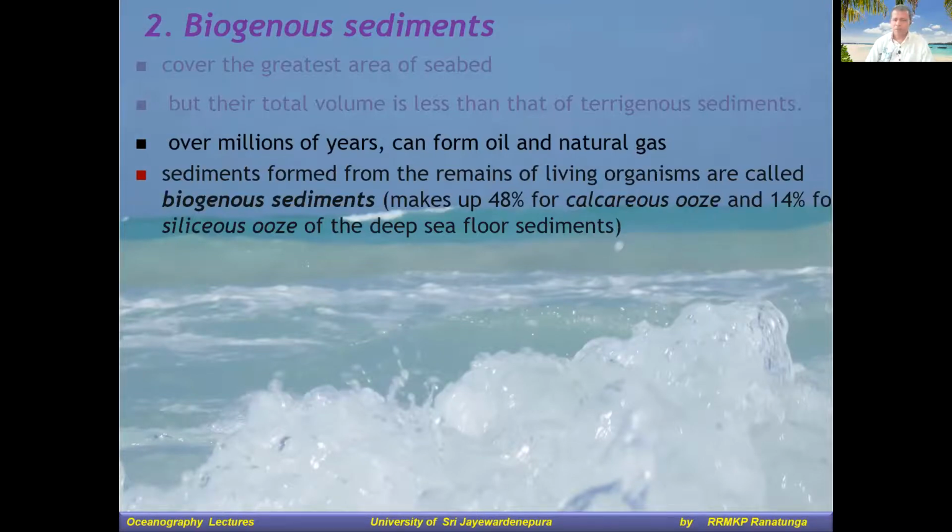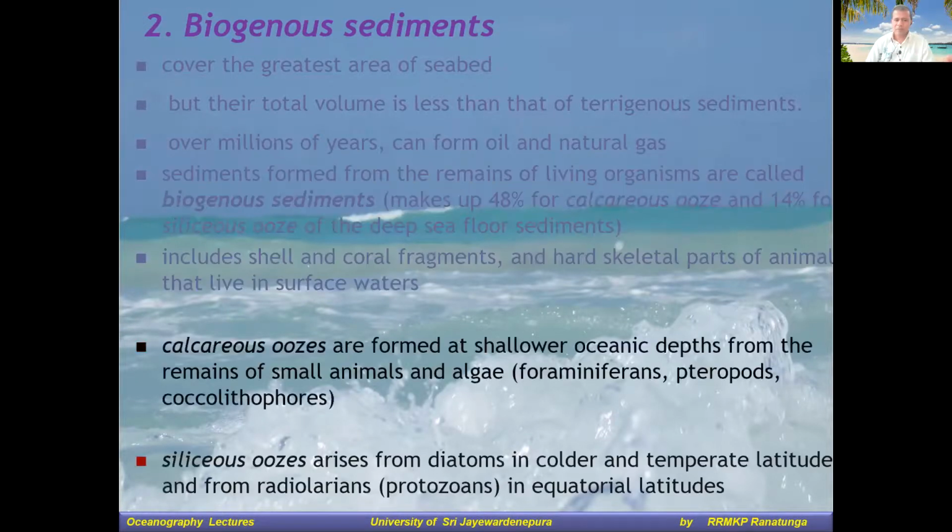There are two types of Biogenous sediments: calcareous oozes, which are calcium based or carbonate based, and siliceous oozes, which are silica based.